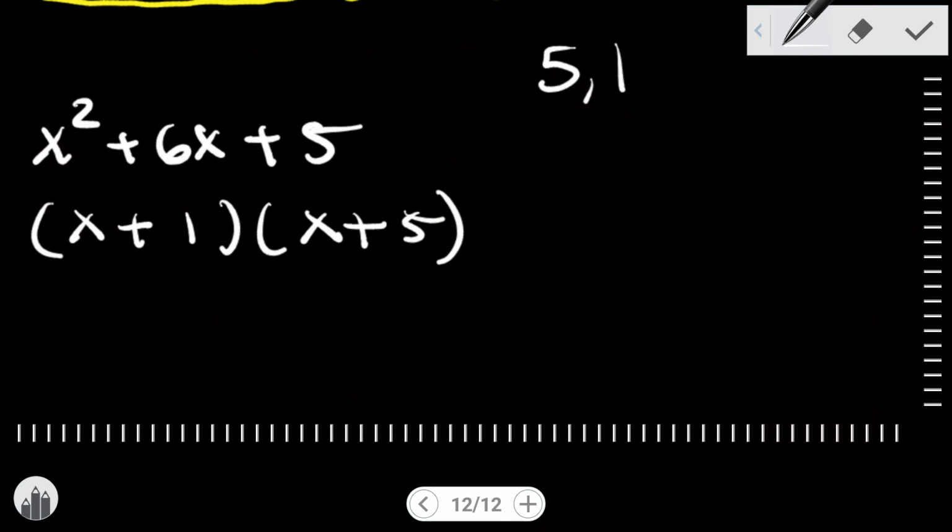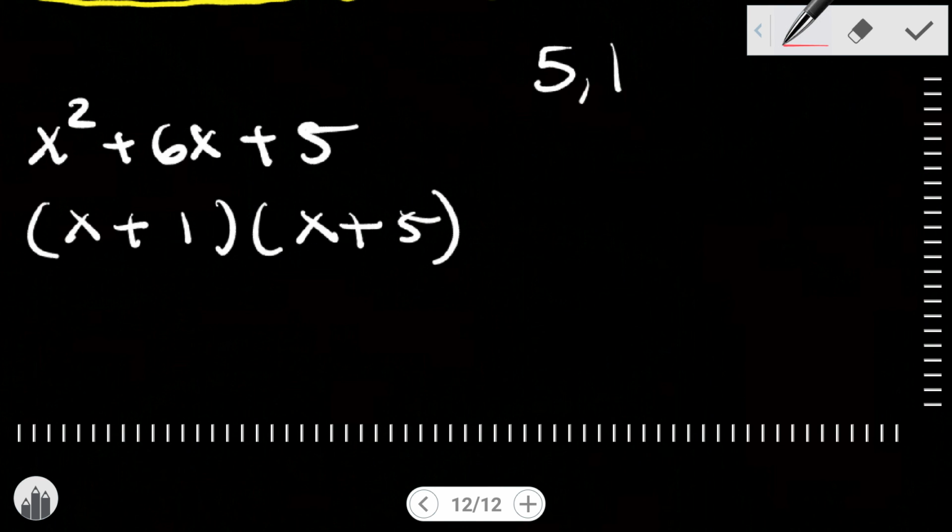So this is factored. Now let's do a quick check and FOIL it. x times x will get you x squared. x times 5 will get you 5x. 1 times x will get you x.